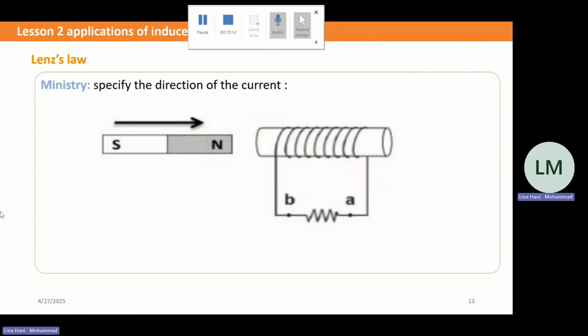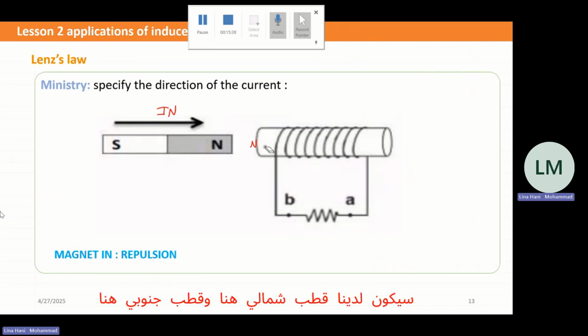Okay. Specify the direction of the current. All right, here we have a north pole being pushed inside the solenoid. It's being pushed towards it. It says, no, I don't want you. Go away. How does it do that? By generating another north pole to try to repel it. So you will have repulsion. Go away, I don't want you. So in this case, we will have a north pole here and a south pole here.